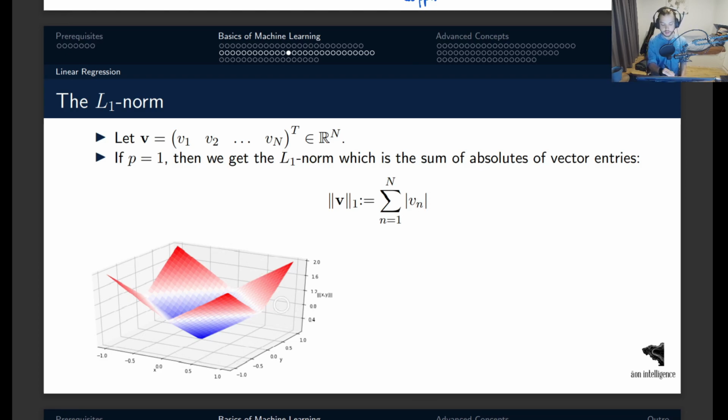And here is an illustration for the 2D case. So the vector that we are looking at has two components, x and y. And given the values of x and y, we see that the L1 norm of this vector forms this diamond-like shape.